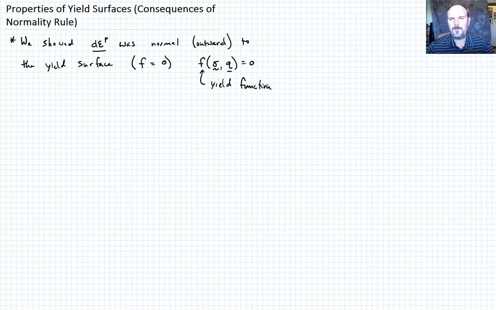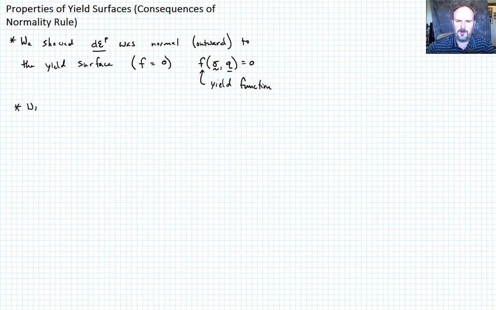Okay. So we've stated what I want to prove here, which is that the gradient of f points in the direction of the yield surface normal. So I want to show how we can know that. Let me write out what our goal is.